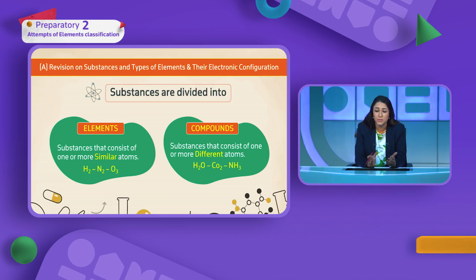So the difference between the two types of substances is that elements have similar atoms like nitrogen and nitrogen, while compounds have different atoms like H2O, which represents water, CO2, which represents carbon dioxide, and NH3, which is ammonia.